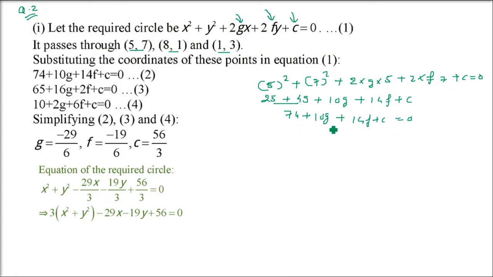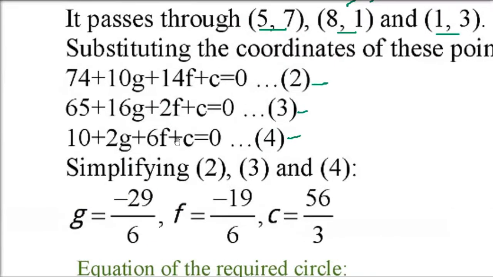So this is one of the equations. Now you have to have more equations like this. You have to put 8 and 1 in x and y, and 1 and 3 in x and y. So you will be getting 3 equations.